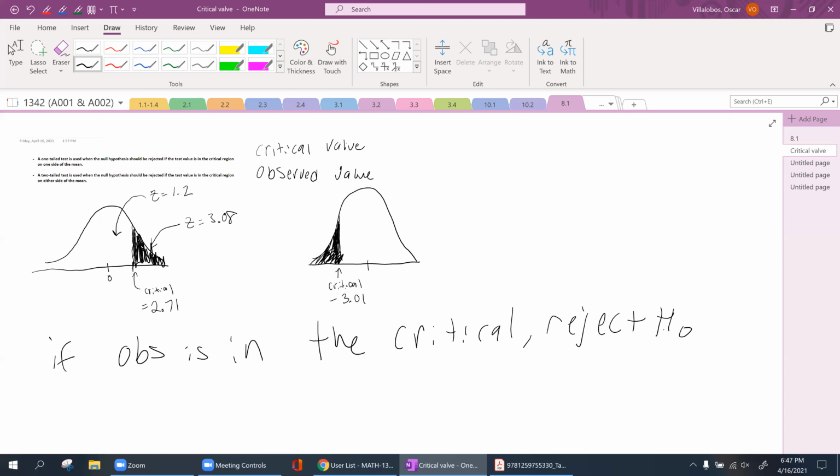In other words, if you were to do some testing and you were comparing this critical value, z equals 2.71, to your observed value, let's just say your observed value was 3.08, you would say, my observed value is in the critical region, therefore I would reject my null hypothesis.